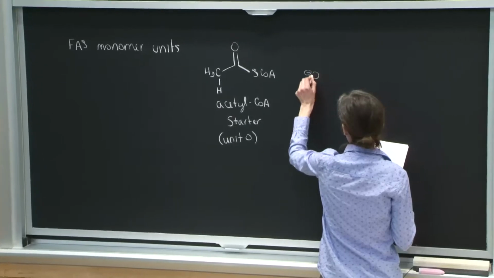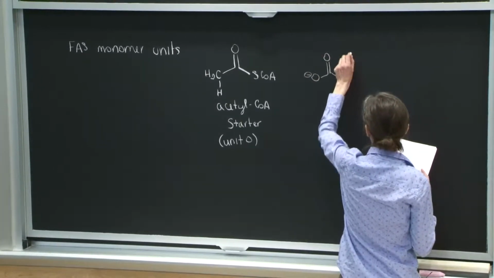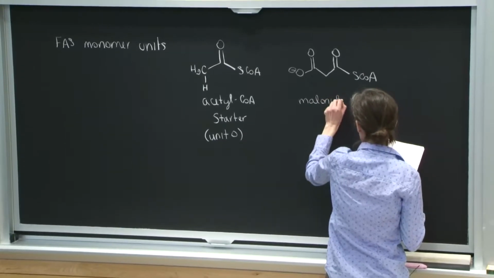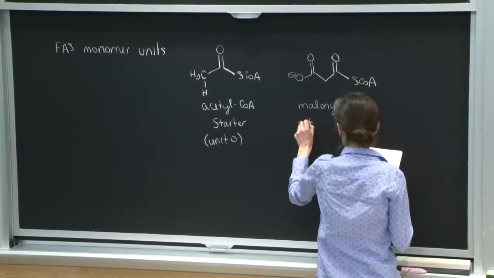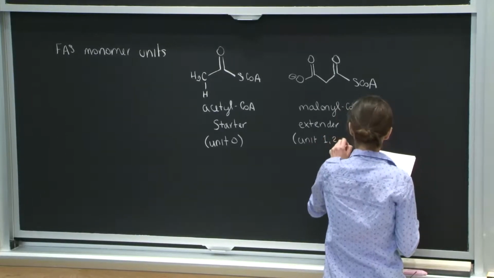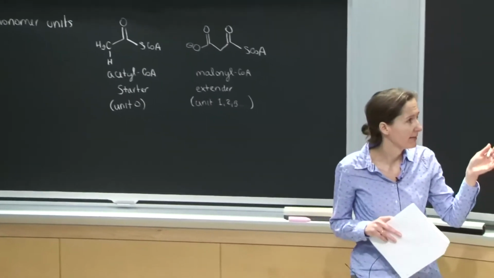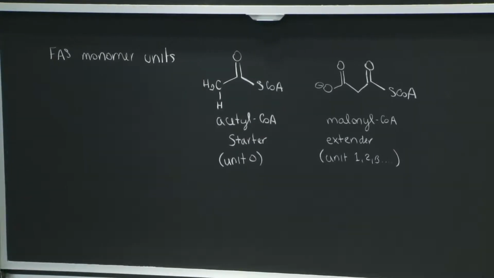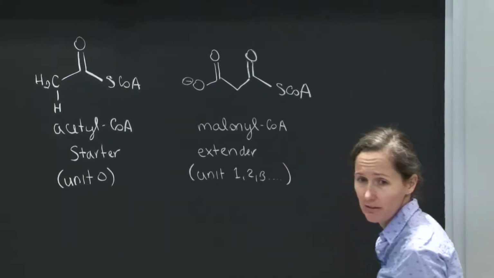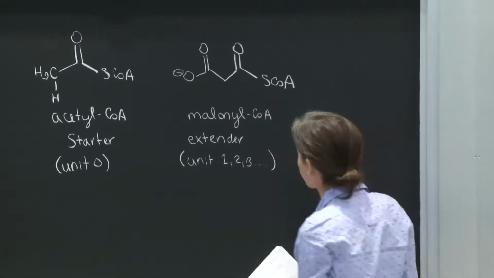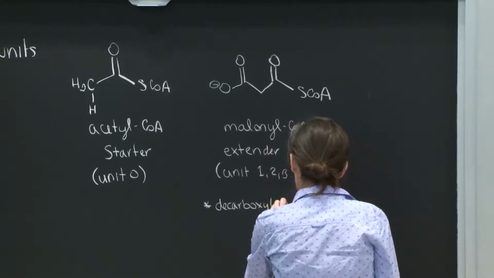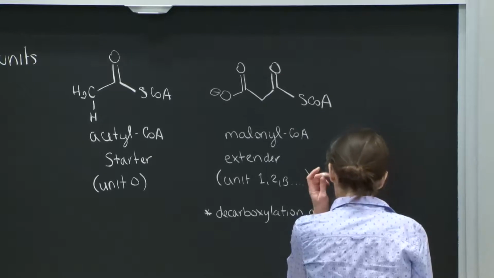And then malonyl-CoA is the extender. Okay, and so recall that in fatty acid biosynthesis, each elongation event adds 2 carbons. And if we look at malonyl-CoA, we have 3 here, right? So there's decarboxylation of malonyl-CoA to generate a C2 unit. And there's details of that in the lecture 15 notes.